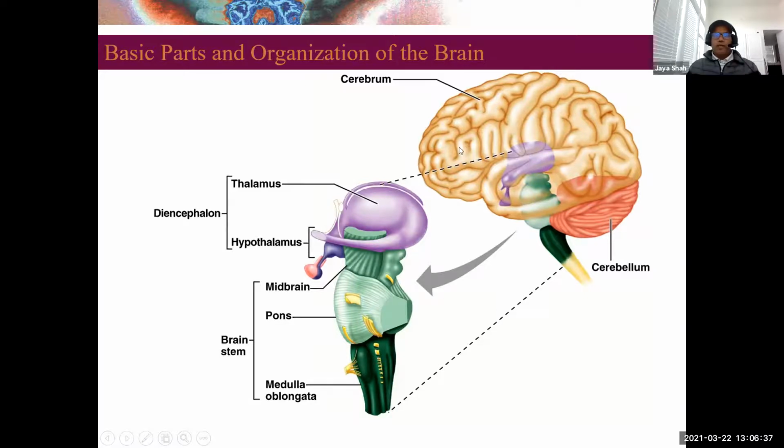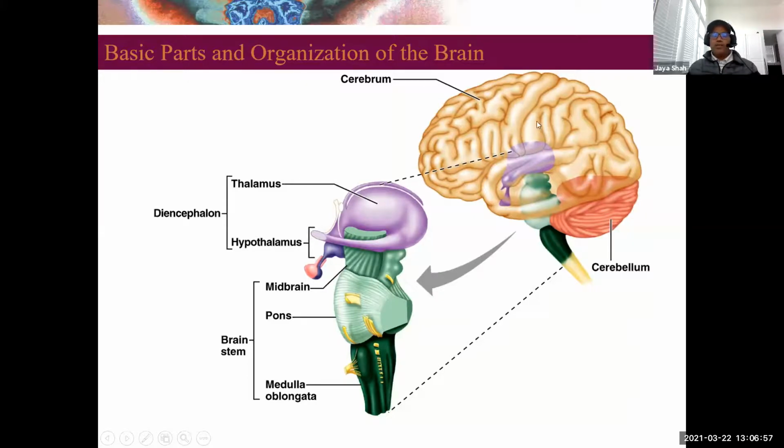The topmost part of the brain is the cerebrum. In this diagram you cannot see, but deep within the cerebrum is white matter, and the outer part is gray matter.